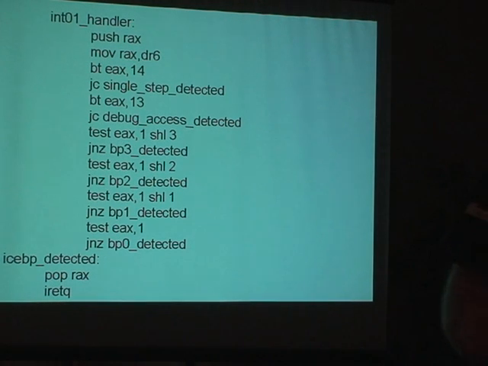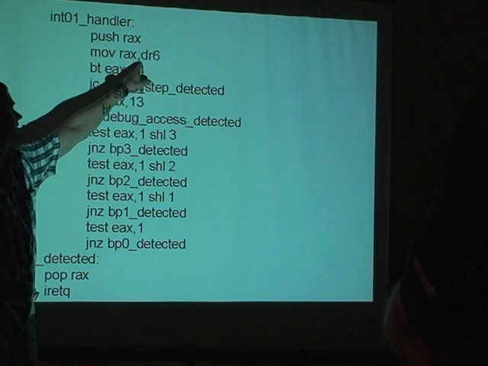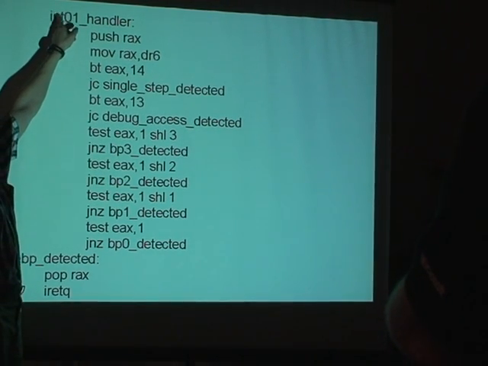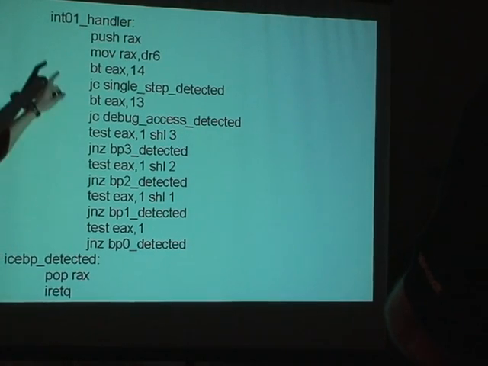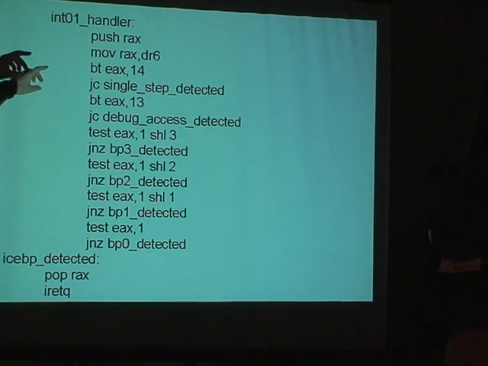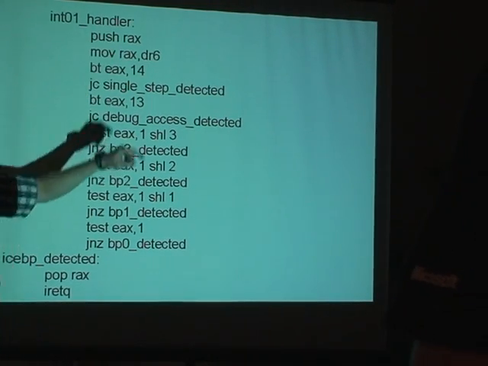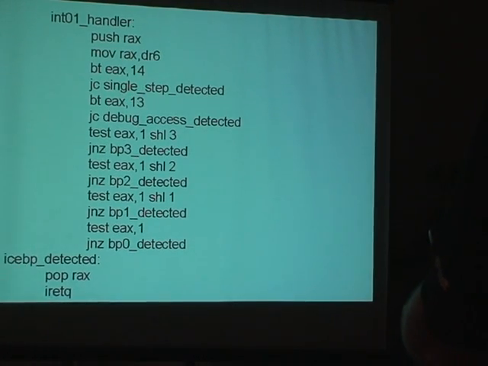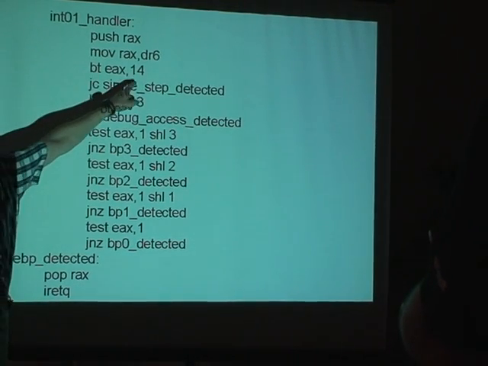So here is a sample of an interrupt 1 handler. We just load debug register 6. At this point, the CPU cleared bit 13, so accessing this debug register doesn't trigger the interrupt again. So without worry, we can read this debug register and we test bit 13.